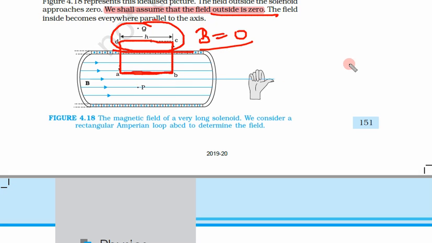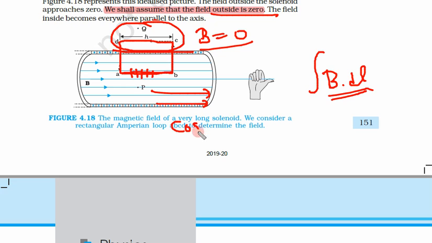So we have B dot dl. If we make very small parts of this, dl is in this direction, the field is in this direction. So for both of them the angle is 0, cos 0, which is equal to 1.